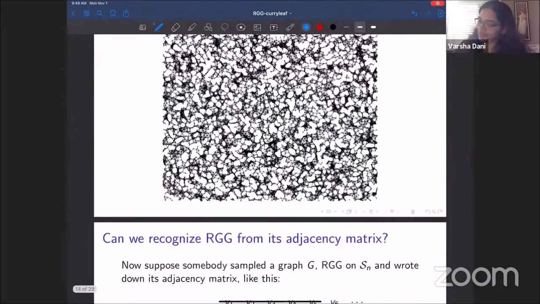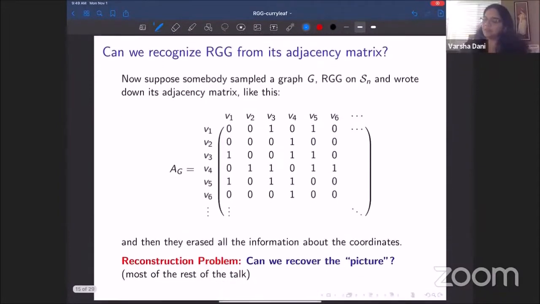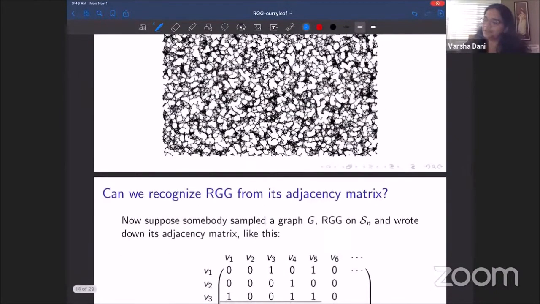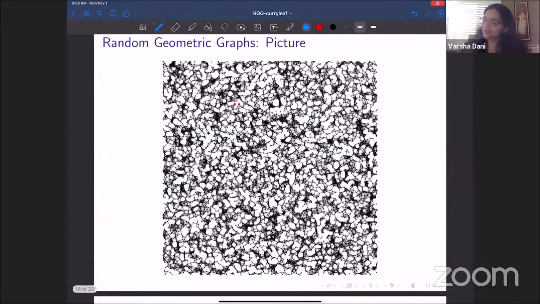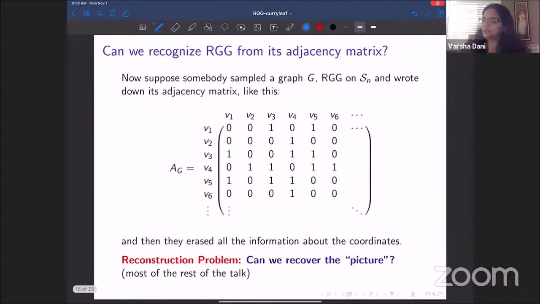So now, here's the thing. Somebody sampled a graph that looked like this. And then they wrote down this adjacency matrix for the graph. So what is an adjacency matrix? It's just an n cross n matrix, and in entry ij you have a 1 if there's an edge between vertex i and vertex j.